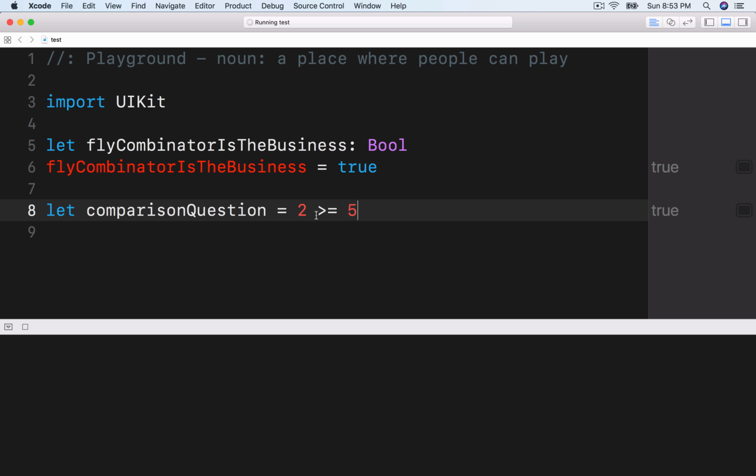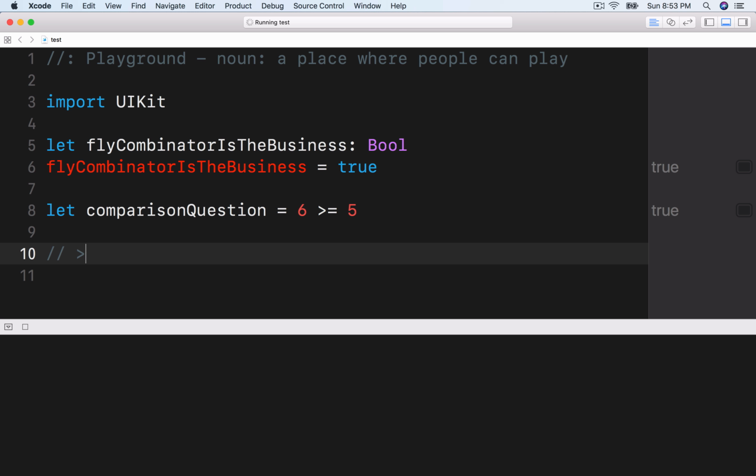Is 2 greater than or equal to 5? It's not true. If this was 5, it's true. If it's 6, it's true.